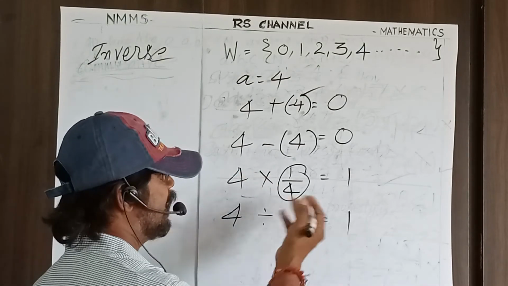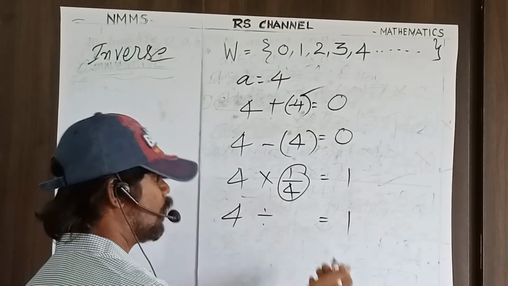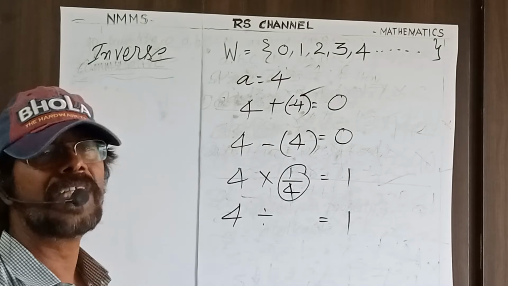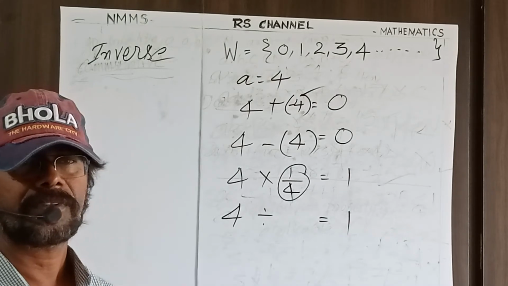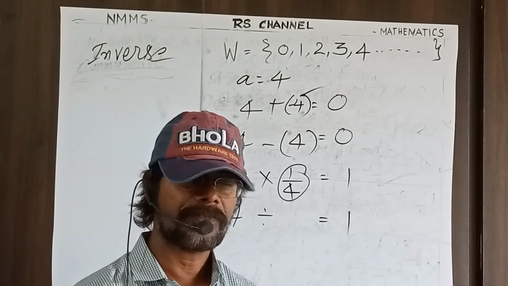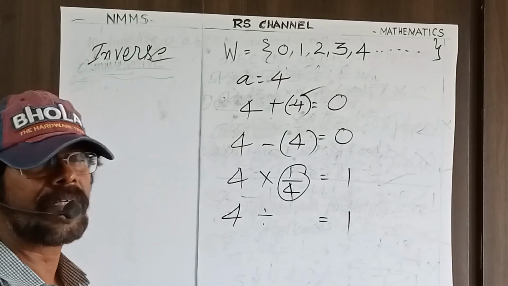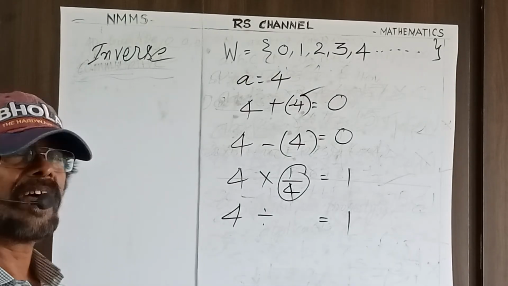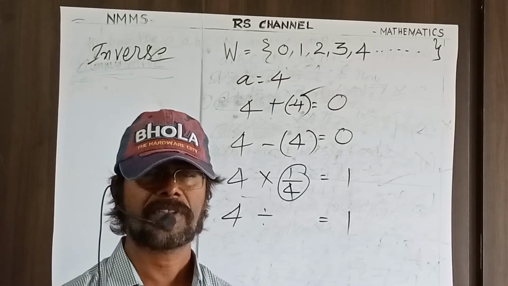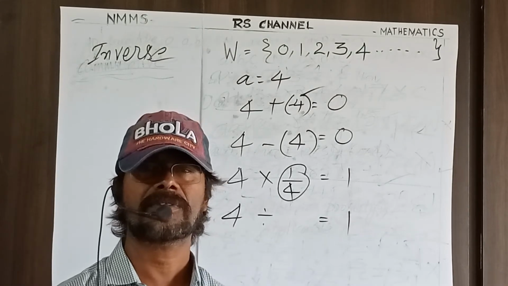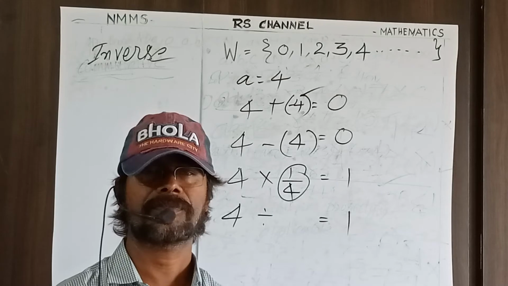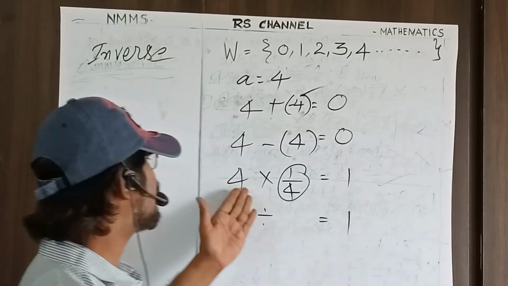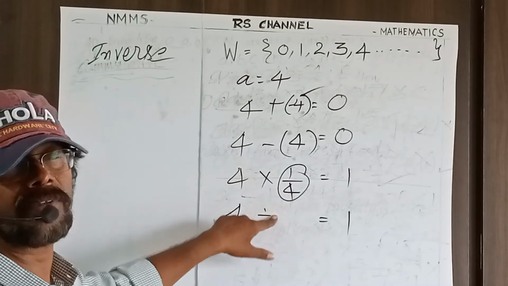4 divided by the same 4, you get 1. So like that, inverse property is applicable. We say the inverse of 4 is 1 by 4. The inverse of 1 by 4 is equal to 4. Multiplicative inverse of 4 is 1 by 4.